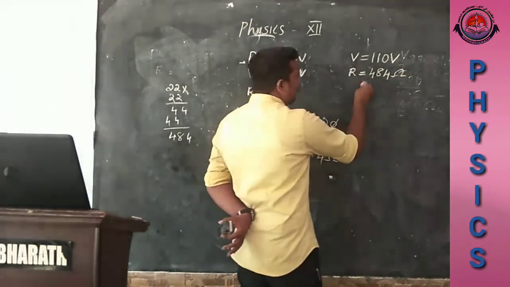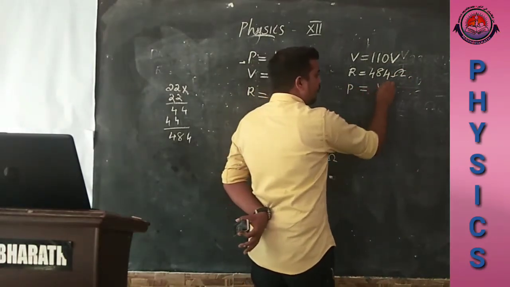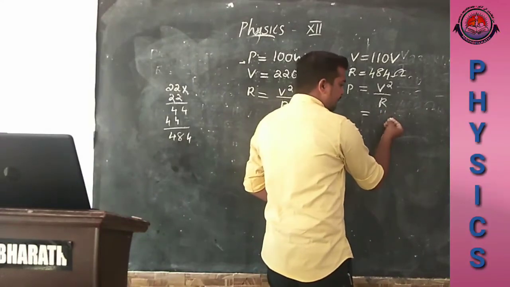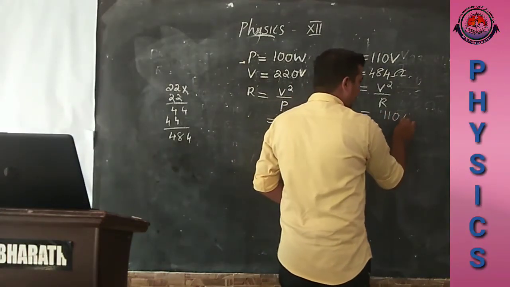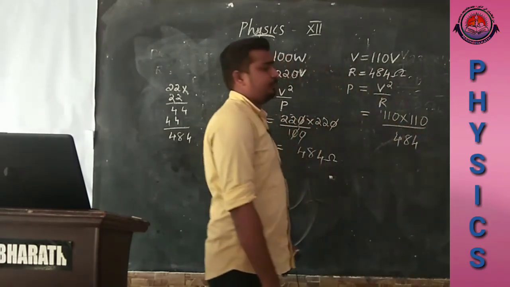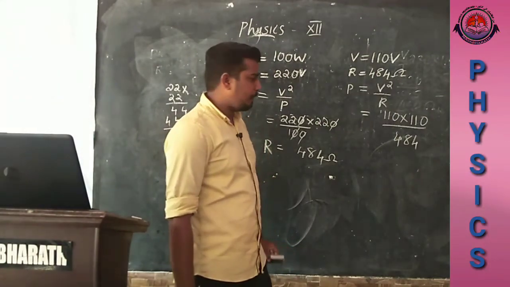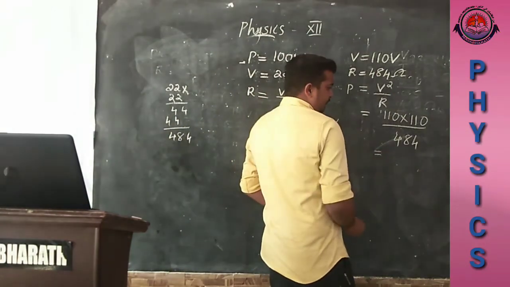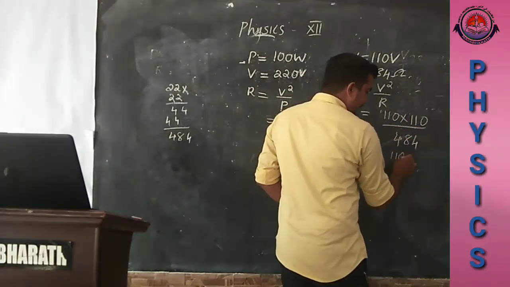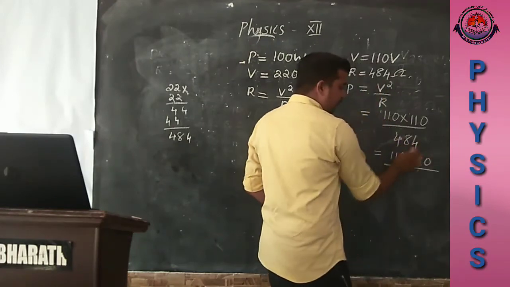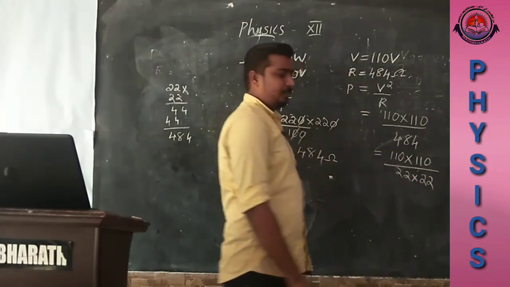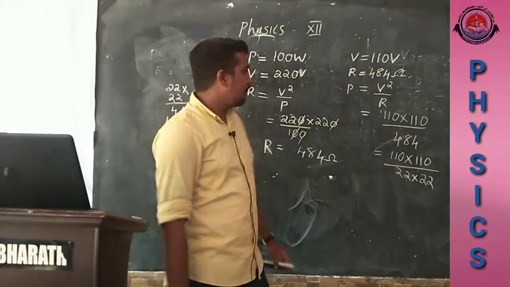By using this, we get P equal to V square by R. Substituting these values, V square means 110 into 110 divided by 484. 484 means 22 into 22.